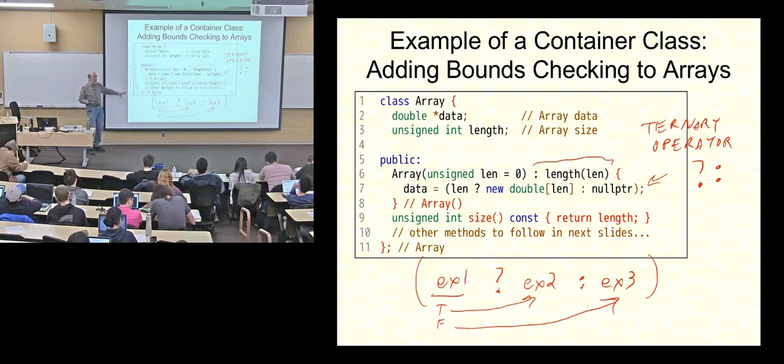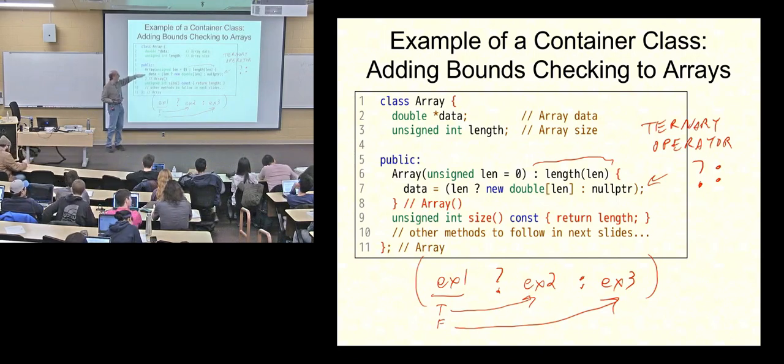Now, there's nothing we can, I shouldn't say nothing. There's places where ternary is critical, but for most places, we could replace a ternary operator with an if-else. So for example, what this is saying is, if length is true. Wait a minute, length is an integer. What does it mean when length is true? Length is non-zero.